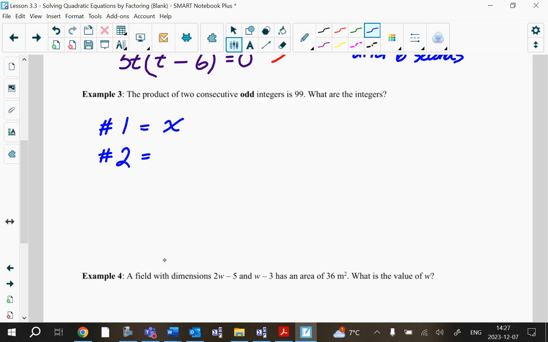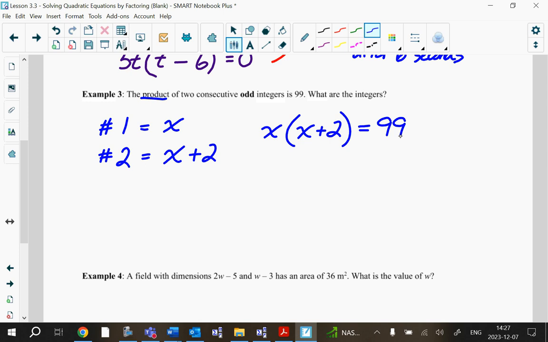So to get the next consecutive odd number, we take the first one and add 2. Now to make the equation, it says the product, which means multiply. We have to multiply these two numbers, so x times x plus 2 is going to equal 99. There's my equation.